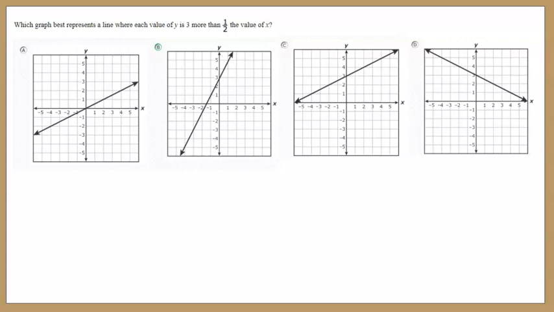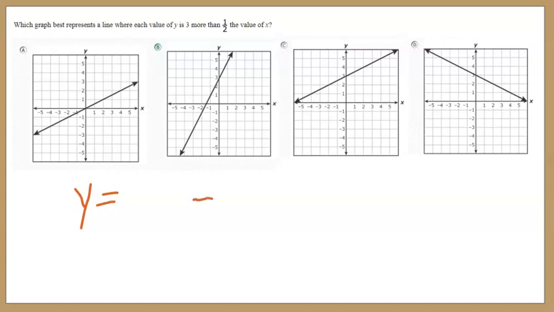Which graph best represents a line where each value of y is 3 more than 1/2 the value of x? So they've given us a verbal expression here: y is 3 more than 1/2 x. If we were to write that, y is equal to 3 more.